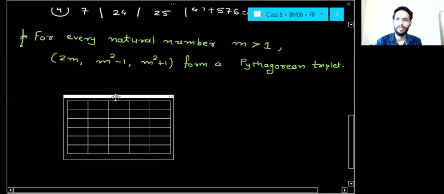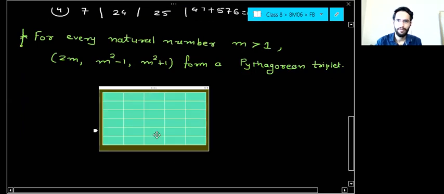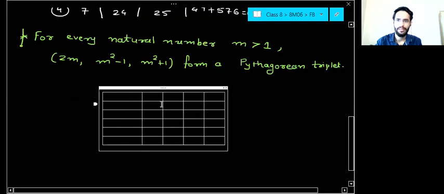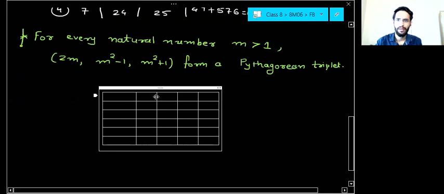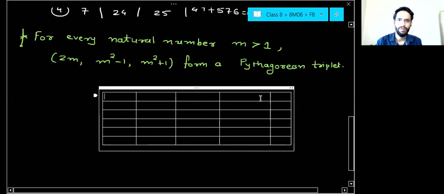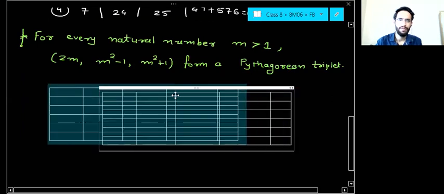Can you see this table, students? Yes, sir. Now let me increase its size. Here I will write the value of m, in the second column 2m, in the third column m square minus 1, in the fourth column m square plus 1, and in the fifth column I'll check.